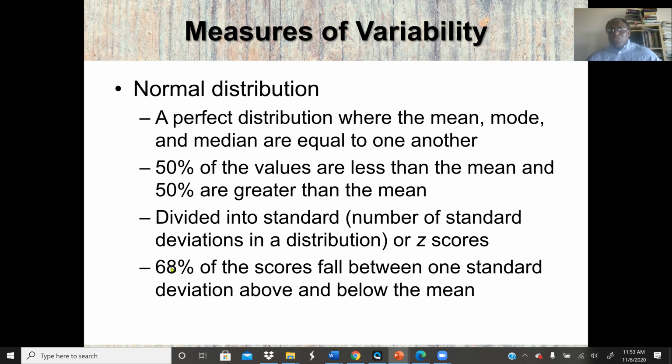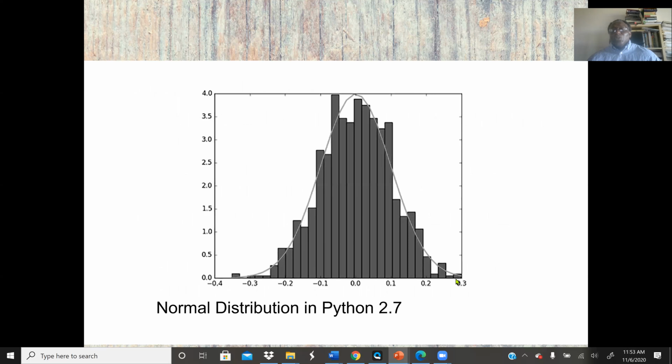For example, 68% of scores fall between 1 standard deviation above and below the mean. Then 95% fall between 2 standard deviations above or below the mean. Then 99.7% fall between 3 standard deviations above or below the mean. And this is a special rule for normal distributions.